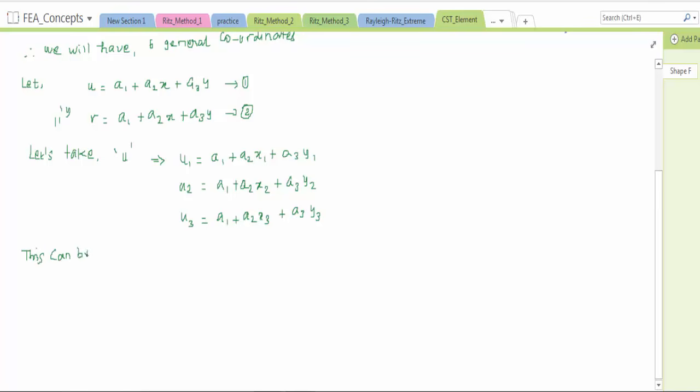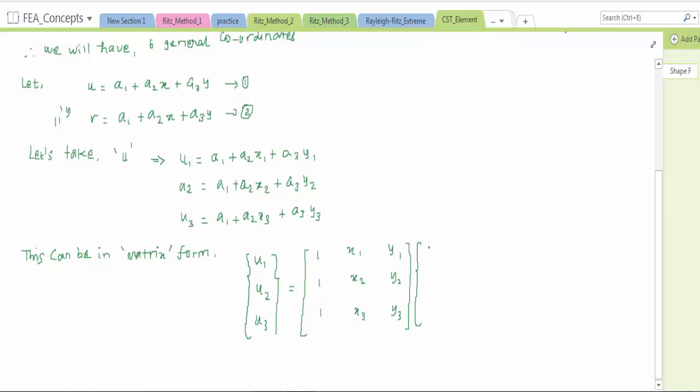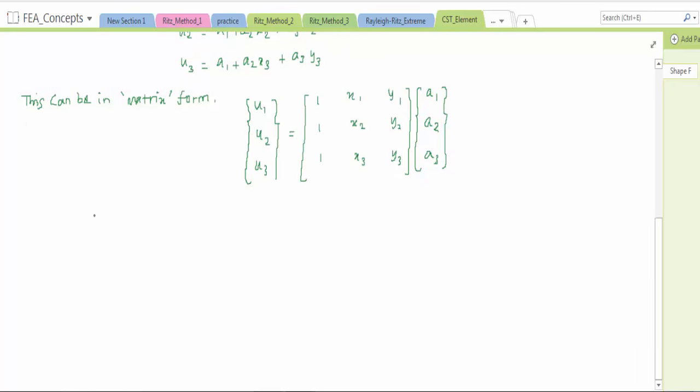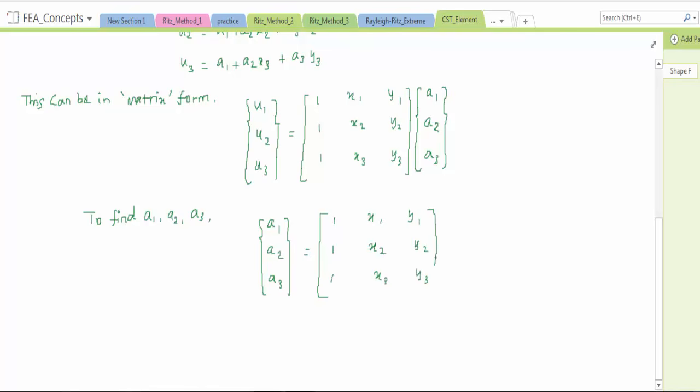Since we have 3 coordinates x1, y1, x2, y2 and x3, y3, this total equation can be written in matrix form: u1, u2, u3 equals the matrix 1 x1 y1, 1 x2 y2, 1 x3 y3 multiplied with a1, a2 and a3. In this matrix equation we have to find a1, a2, a3 as constant parameters. So keep a1, a2, a3 and bring the matrix to the other side; it will be an inverse matrix times u1, u2, u3.